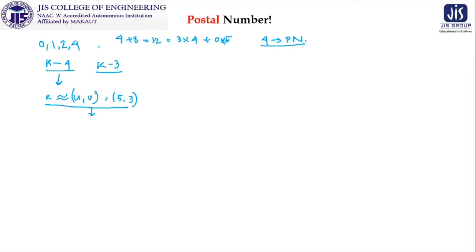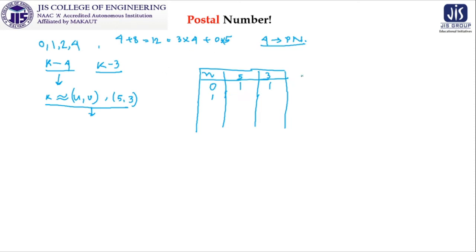And another question I want to raise: if you are taking 5 and 3 and constructing a table like this, when n is 0, the value of 5 and 3 is 1 and 1. Already we have done that. When n is 1, the value of this one is 5 and 3.